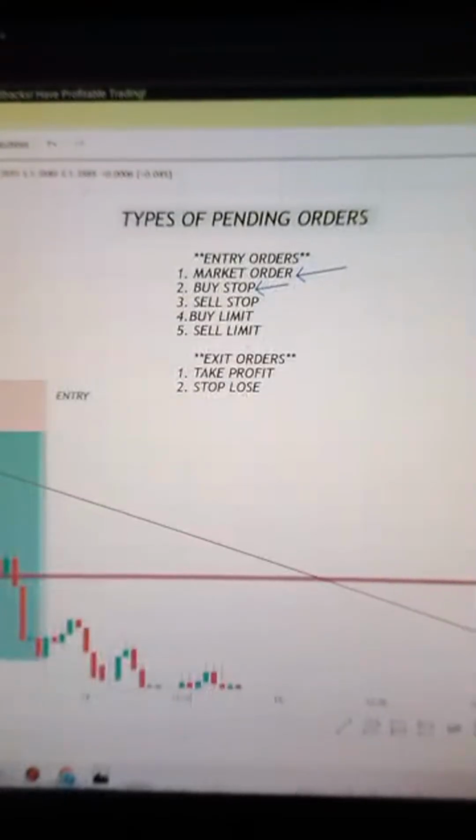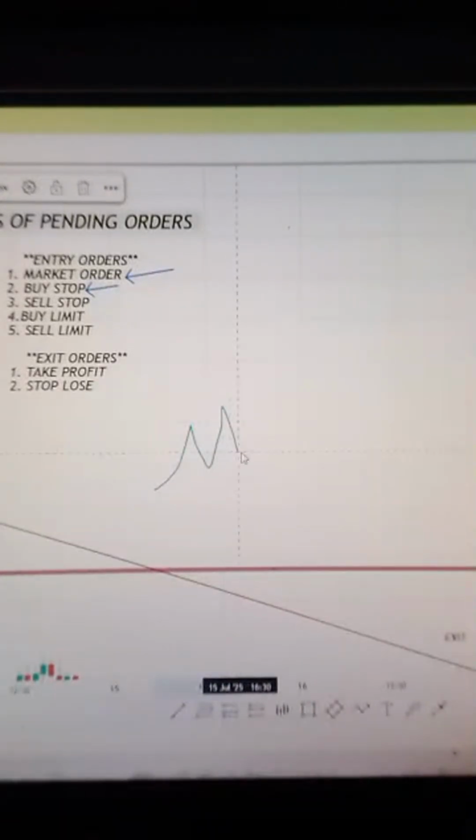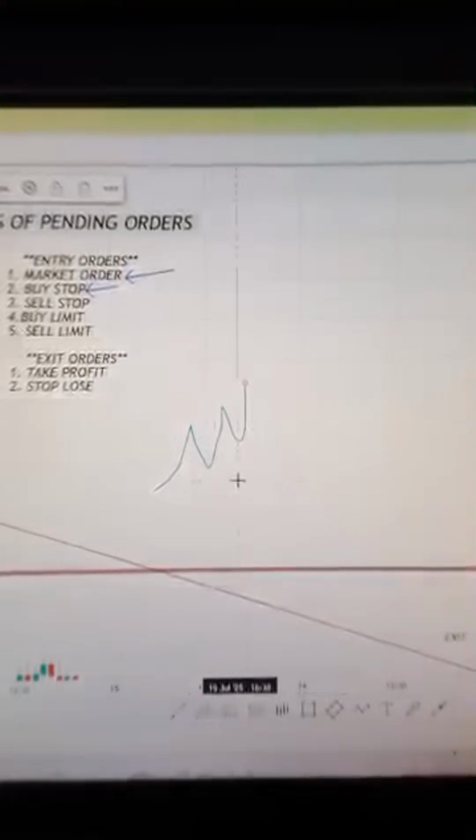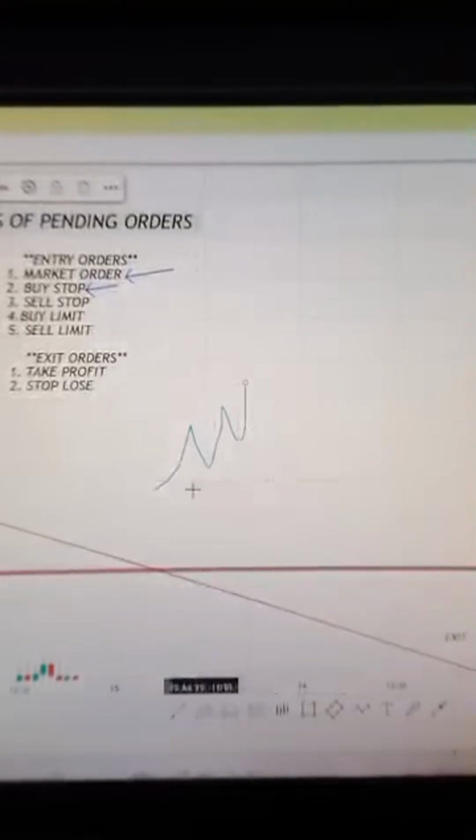What that means is that you have the market moving in this direction. You want to take a buy entry, but you don't want to take it at the current price.